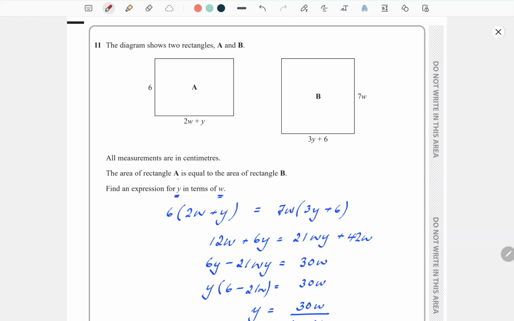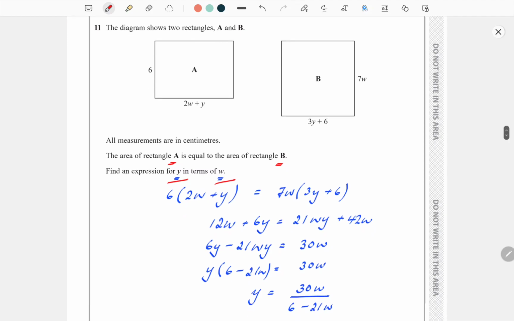So the area of A and the area of B. And they want an expression, now watch out, for Y in terms of W. Make sure you get into the habit of, if necessary, underlining or circling the key parts of the question. Otherwise, in the heat of the moment, in the pressure of an exam, you might end up doing it the wrong way around. So double check.